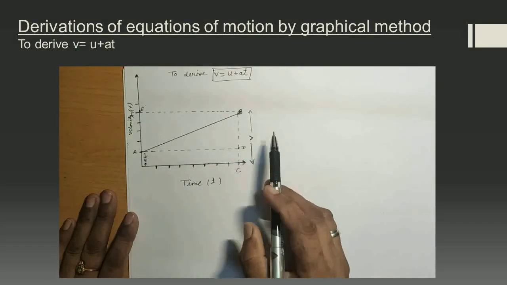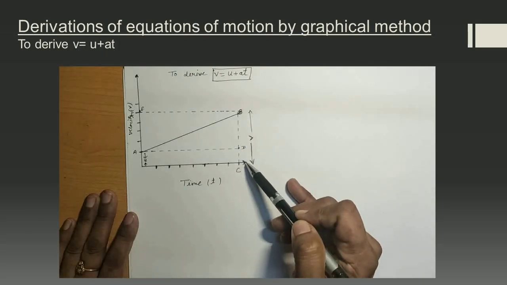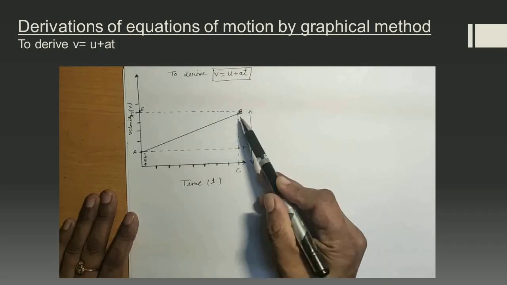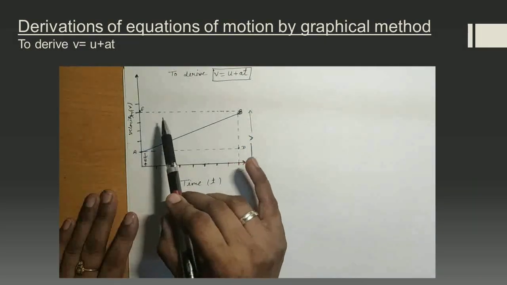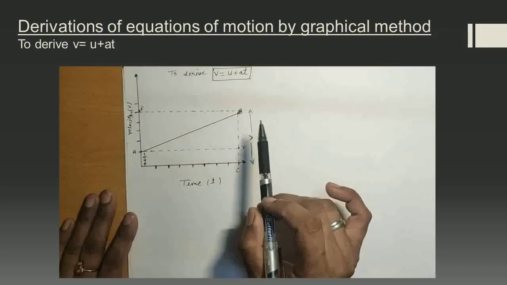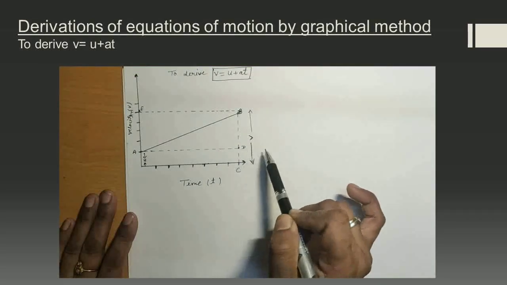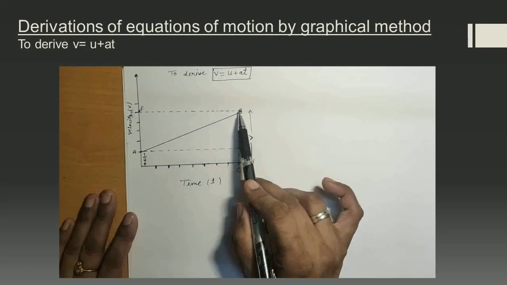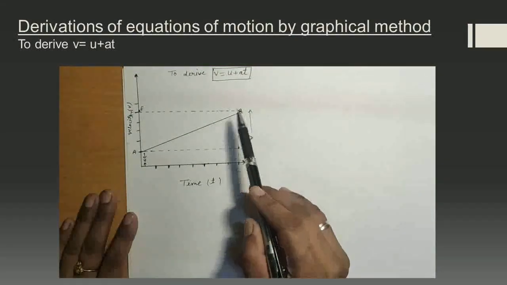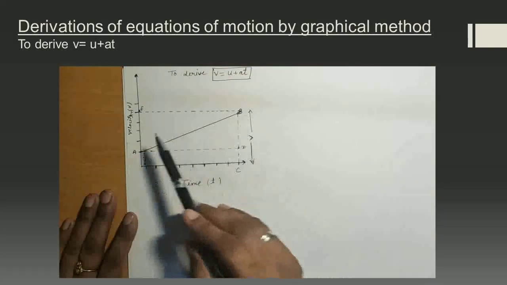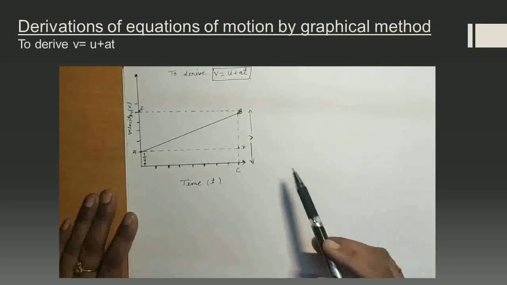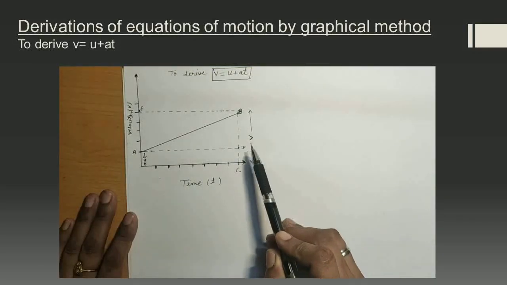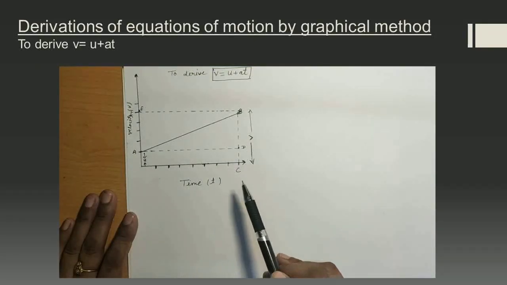It acquires the final velocity v at point B. To complete this figure, we have drawn the perpendicular BC on the time axis from point B, perpendicular BE on the velocity axis from point B, and the perpendicular AD on BC from point A.